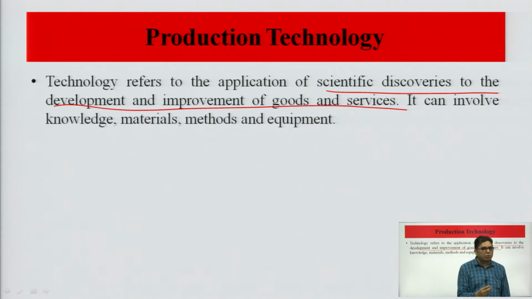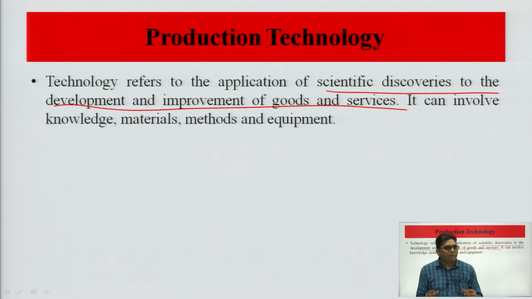This makes them capable of producing quality goods within a short span of time. So, our manufacturing processes and our way of providing services must be technology enabled, or more dependent on technology.